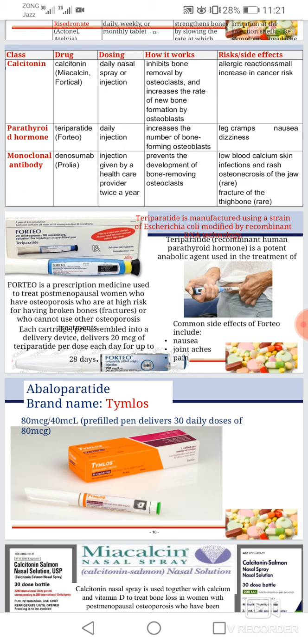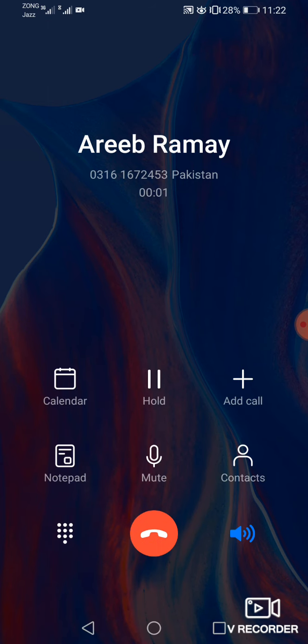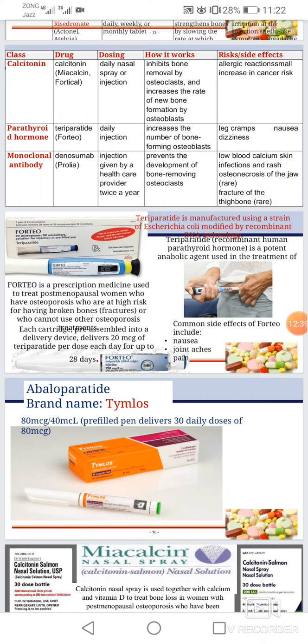Forteo is a prescription medicine used to treat postmenopausal women who have osteoporosis, who are at high risk for having broken bones, or who cannot use other osteoporosis medicines.